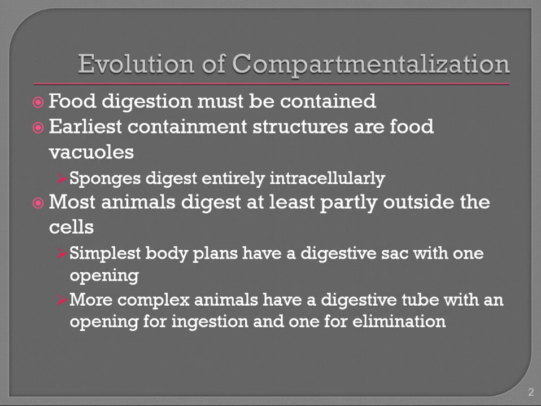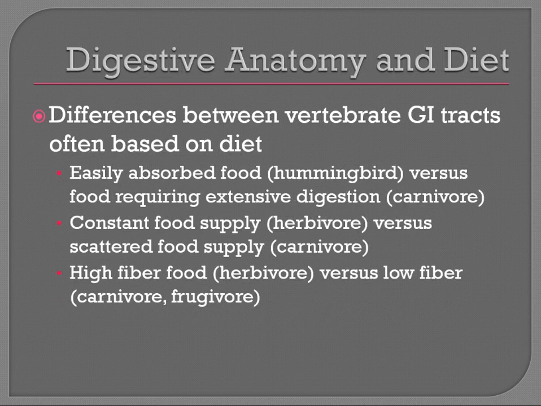And so you end up going from this one little sac to a whole double-ended tube, the idea of the ingestion or the mouth and then the elimination. And different organisms, as we know, have different openings for elimination. Okay, so there is a correlation between the actual digestive anatomy and the diet.